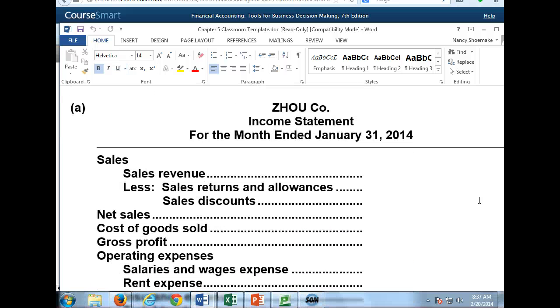five, 6. What are we going to start with here? Revenue. We're going to start with our sales revenue of how much? 377,000. Then we're going to have our sales returns and allowances of how much? And our discount is how much?